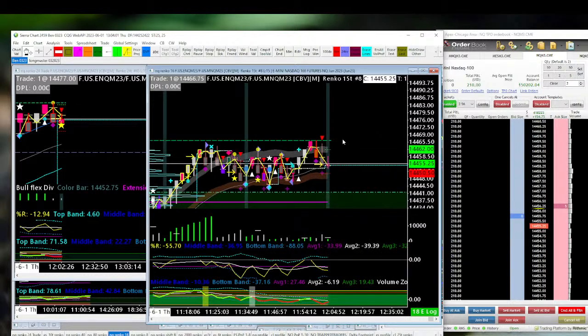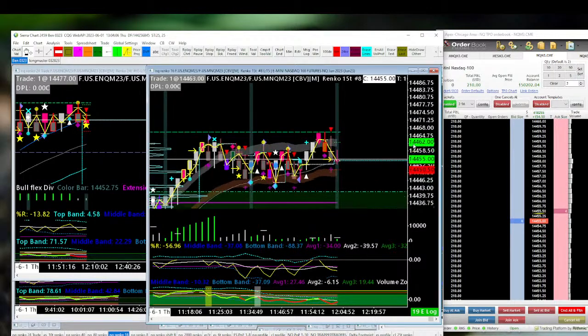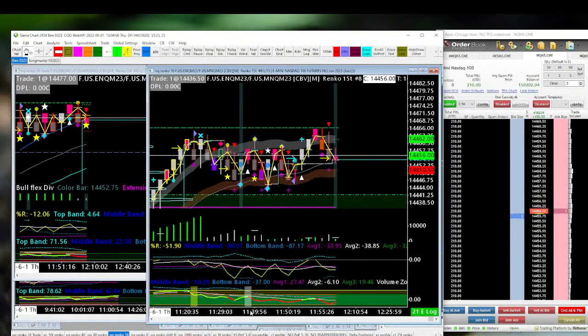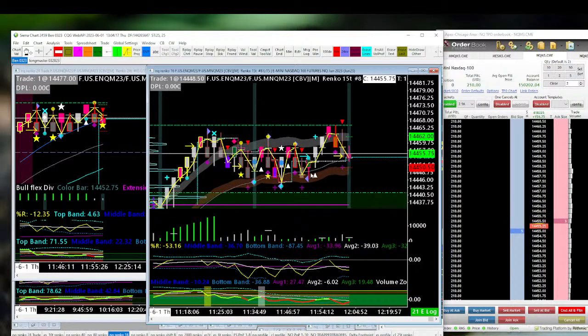So you just have to adjust for a little bit. It is frustrating, but it's temporary. At least with Apex, it's temporary. Eventually, once you make enough money in the PA, you don't have to worry about a trailing drawdown as long as you don't withdraw or lose enough to push your account balance back below that threshold.